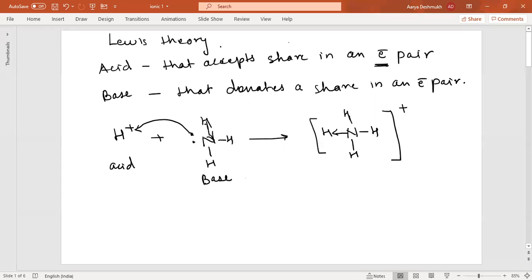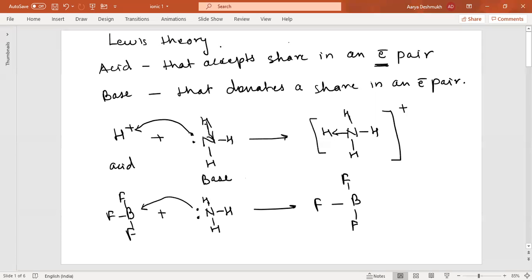Now another example you can quote is BF3, which is an electron deficient species. It reacts with the same ammonia molecule. This electron pair can be donated to this boron, and the product you can write in this way, BF3 with the dative bond formed between these.